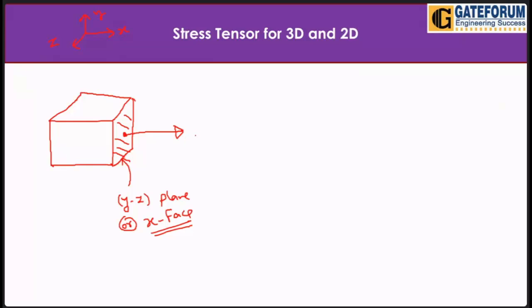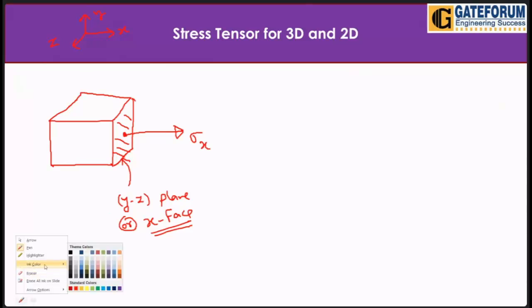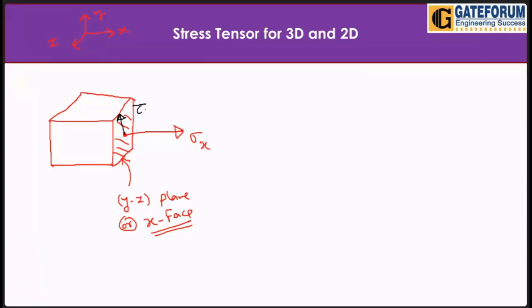So here we have stress in the X direction, sigma x. And in two different directions also there will be stress on this plane: this is tau xy, shear stress on the X face in the Y direction. On this side we have tau xz, shear stress on the X face in the Z direction.